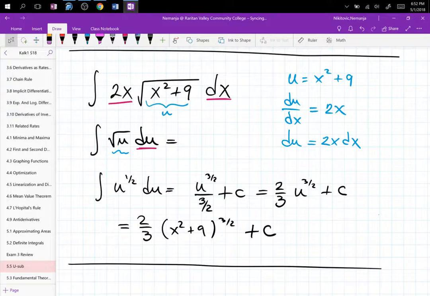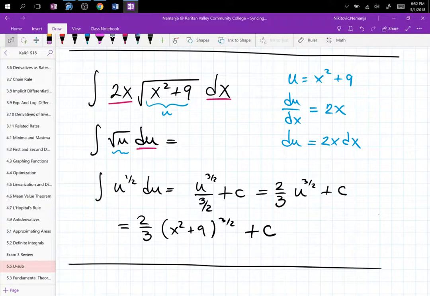And then you see 2x dx, 2x dx. So 2x dx is du. This mess is u, so square root of u times dx, which is du. And now I just need to solve this basic integral rather than this mess on top. That's what the u sub is all about.